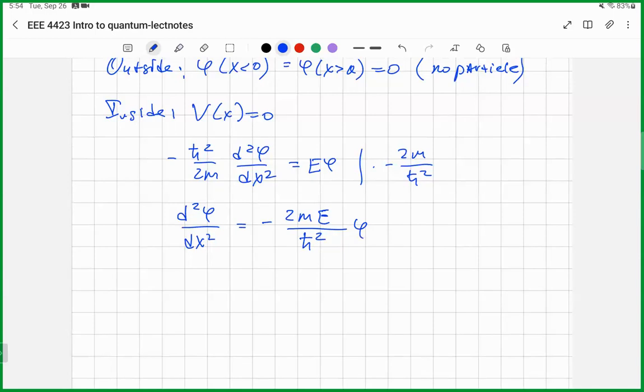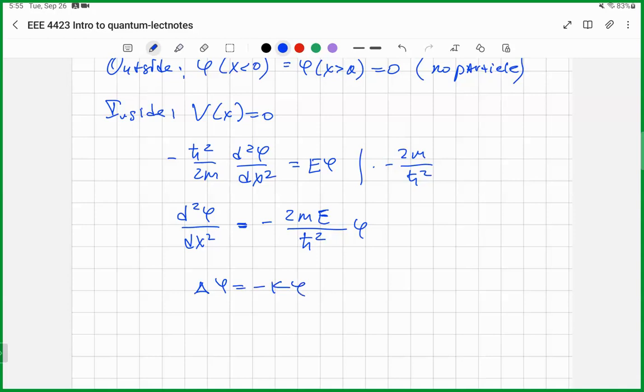Some of you already recognize this equation. In previous courses it might have looked something like this: minus k squared phi, right?